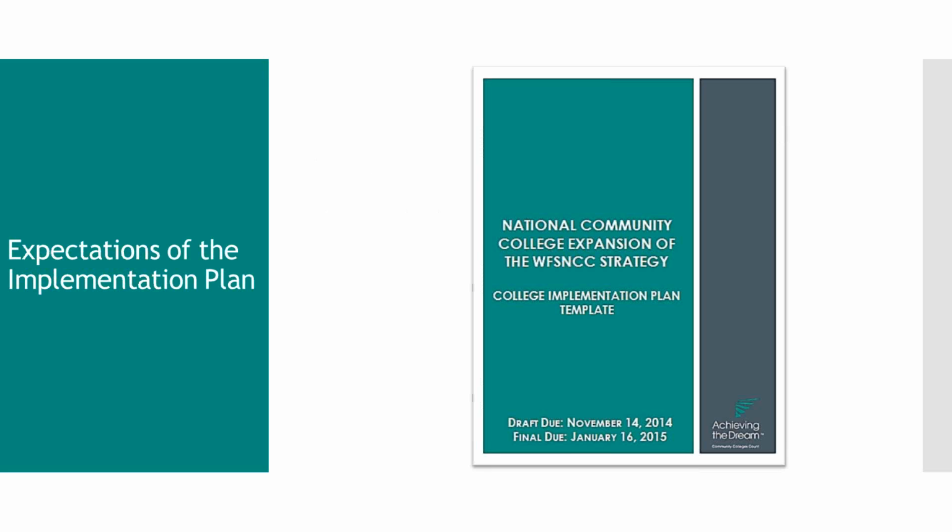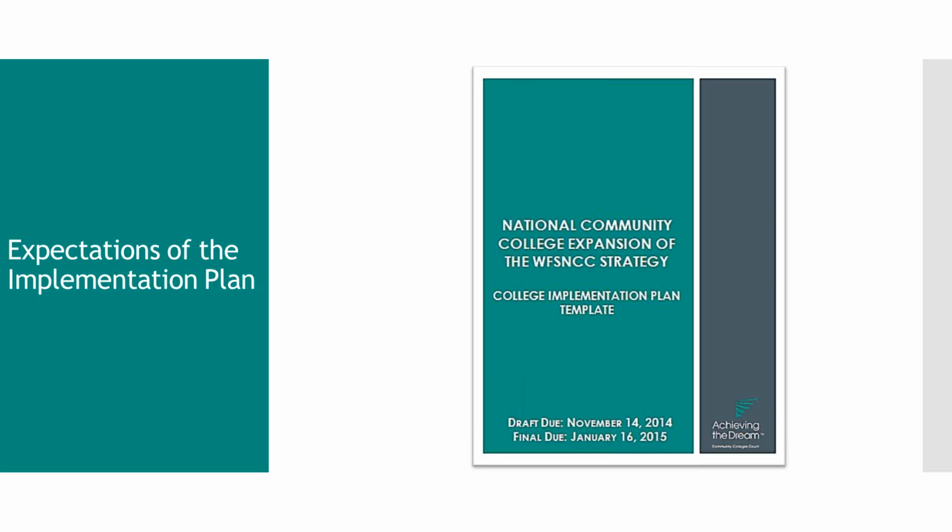So right now I'm going to get started with reviewing the implementation plan and specifically the summary and expectations of the plan. This can be found on page 3 of the implementation plan template. You can read through the summary and expectations, but I'm going to provide a high-level overview. Specifically, this plan is meant to be a guiding tool and action plan for the implementation of WFSN CC strategy on your campus. As we have reiterated throughout this process, you will want to start this work with scale in mind.